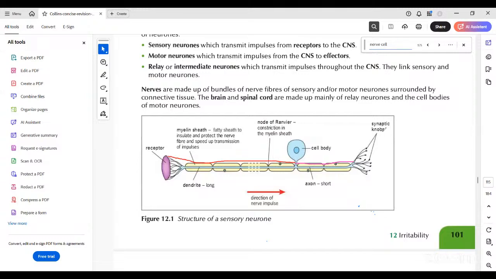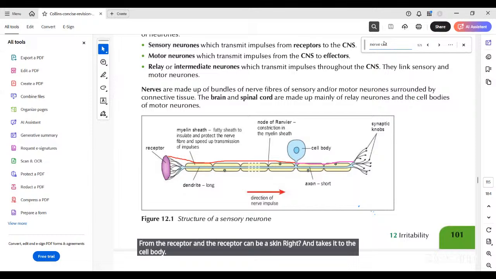Is there anyone that's lost? Repeat, sir. So the difference between the dendrite and the axon. The dendrites take impulses from the receptor, and the receptor can be the skin, right? And takes it to the cell body. Let me annotate so you can understand.